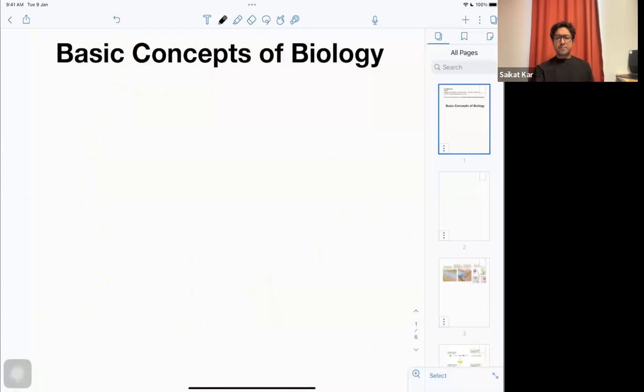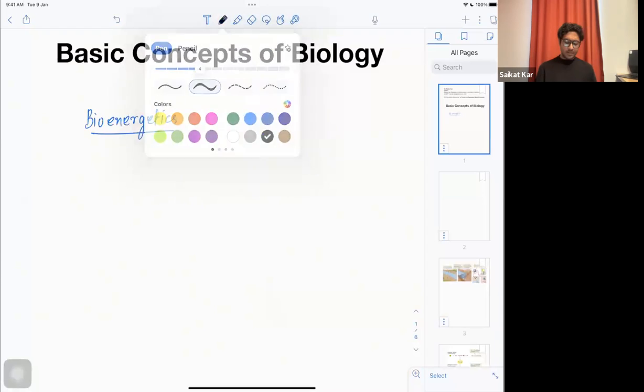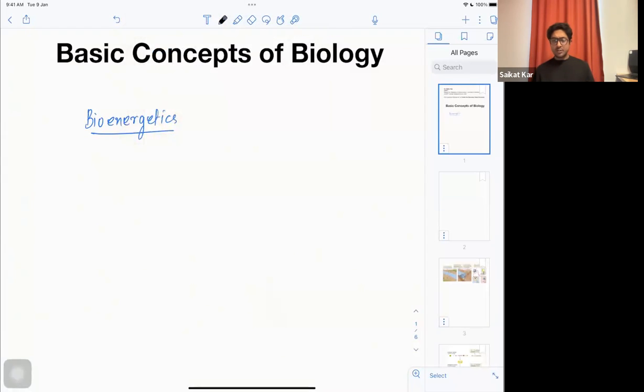So first, the concept we need to understand is bioenergetics. But bioenergetics is a very, very big branch. But first, we need to understand how this concept of energy is constantly linked with the cells.